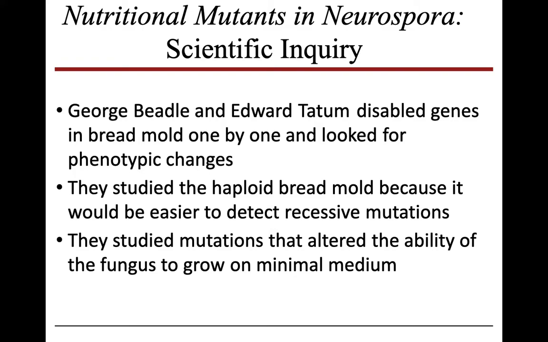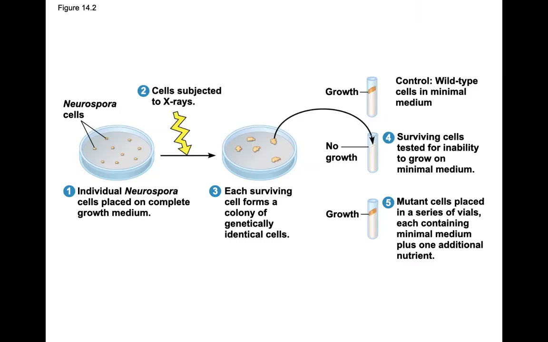They studied mutations that altered the ability of the fungus to grow on a minimal medium. When we talk about a minimal medium, we're talking about a growth media that doesn't have a lot of available amino acids or carbohydrates. So it's basically the bare minimum needed for molds to survive.